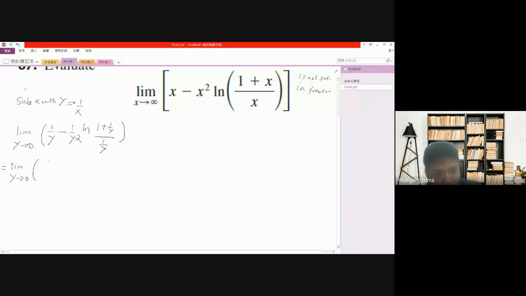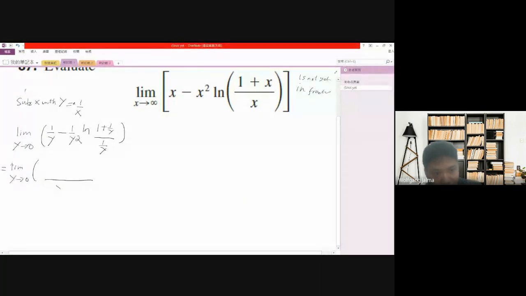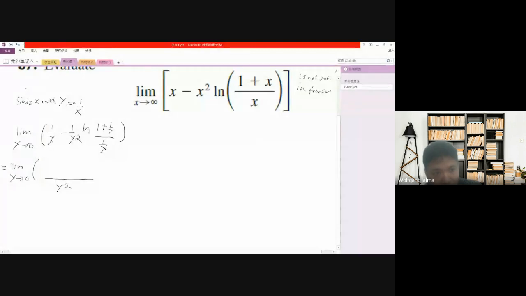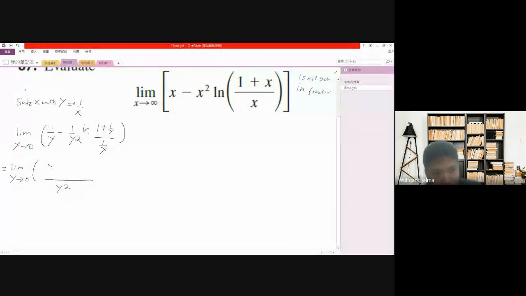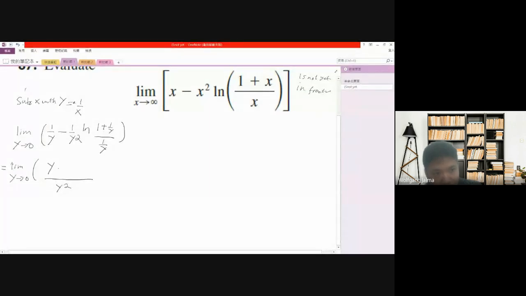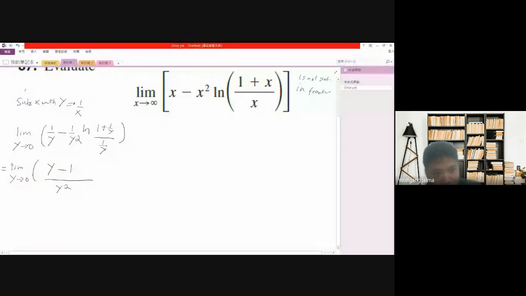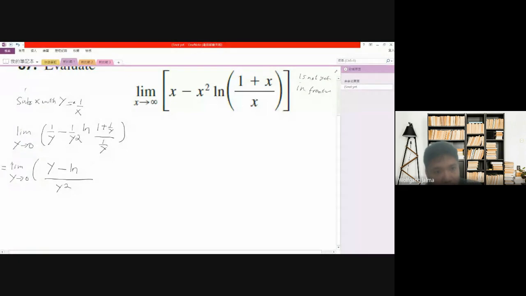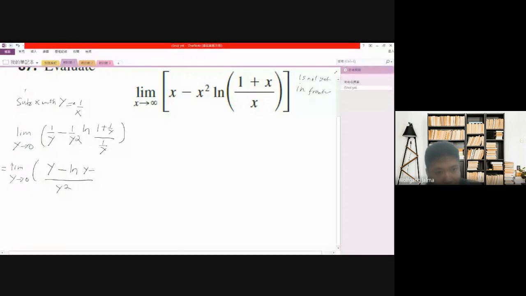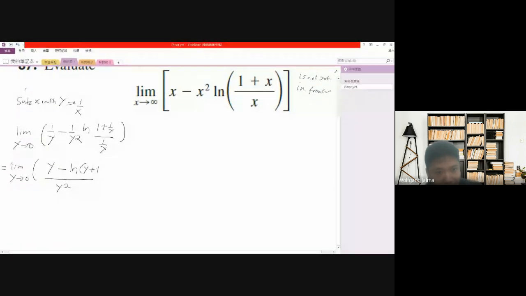This one, I want to make the denominator become y square over y square. So 1 over y becomes y over y square minus ln of what? This one is y plus 1, right?